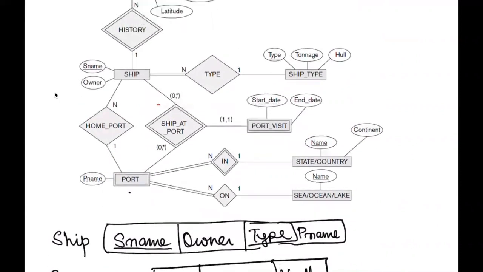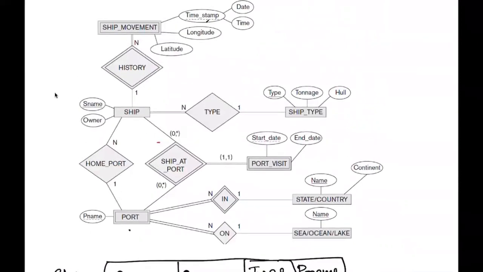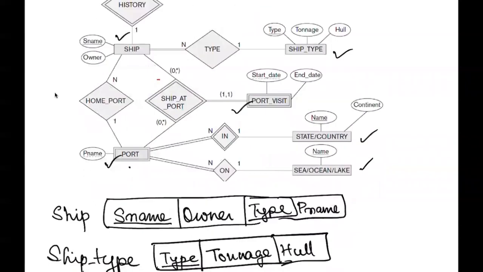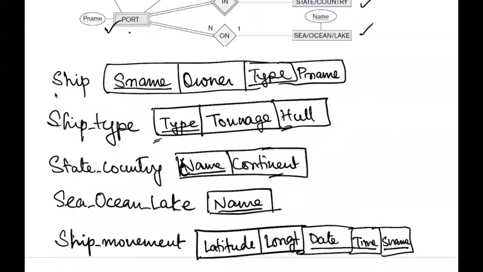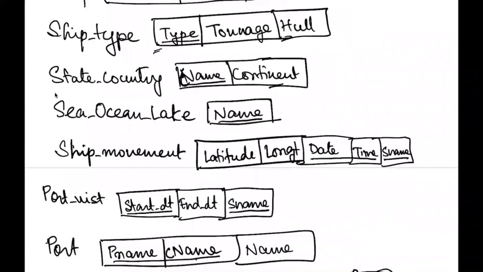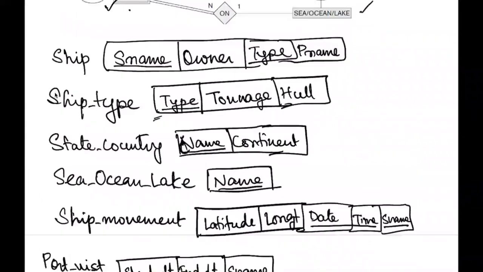Now, as you can see, we have covered all types of components of this ER model. We have covered the regular entities; for all of them we have a relation. For the weak entities also we have relations, as you can see: ship type, state country, sea, lake, ocean.